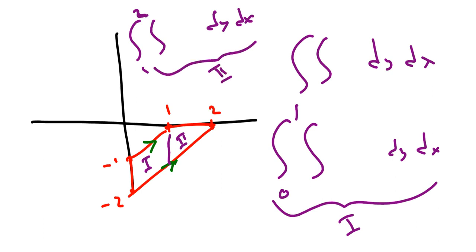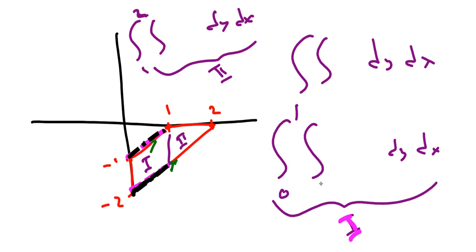Now you'll notice in both cases I left off what y would vary between. So let's use some of my colors here. For the type 1 integral, you can tell that we go from this lower line to this upper line. We could get those equations pretty easily.